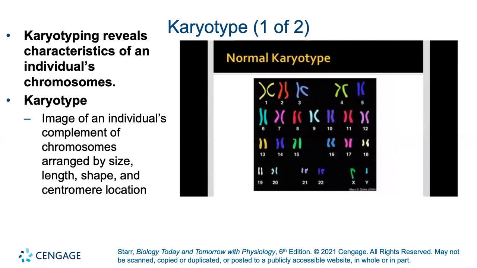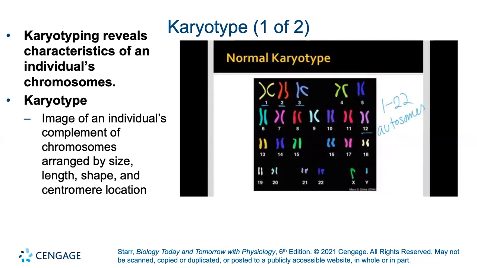This is a nice picture. We looked at this picture when talking about homologous pairs. Notice that we've given each pair a number, so we can talk about chromosome number 3 or chromosome number 12. They number 1 through 22, and those are going to be autosomes.